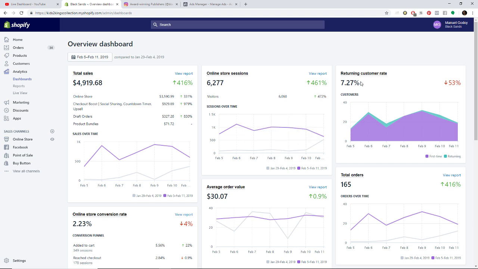And then we have a 7.27% return rate. So in other words, about 93% of my customers had never bought from me before in this last week. Do you understand how important that is, to acquire a new customer off of ads?